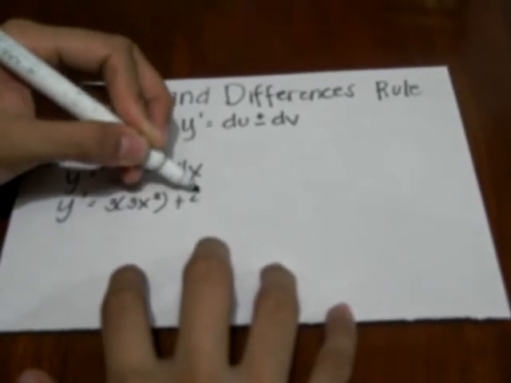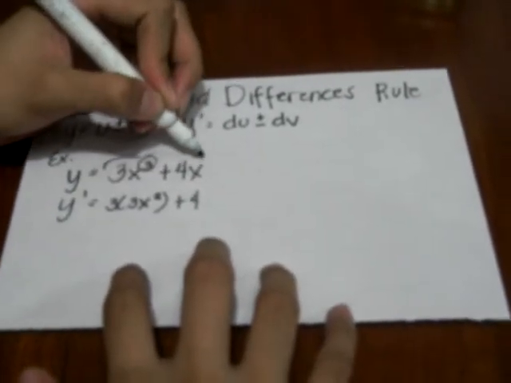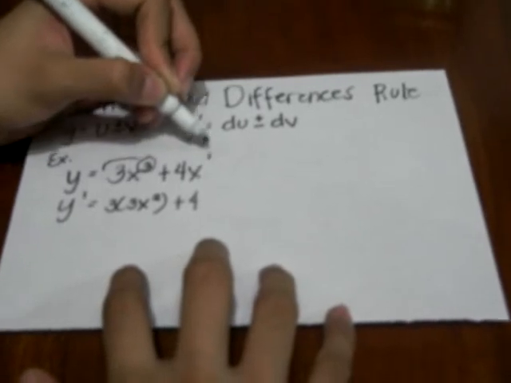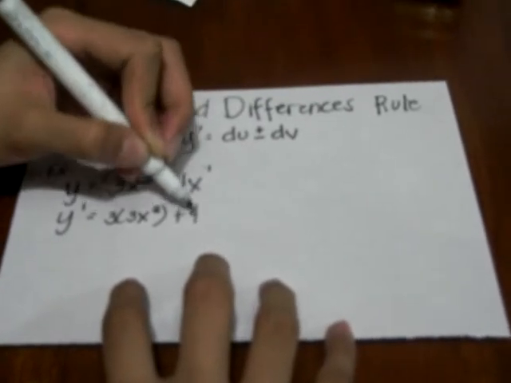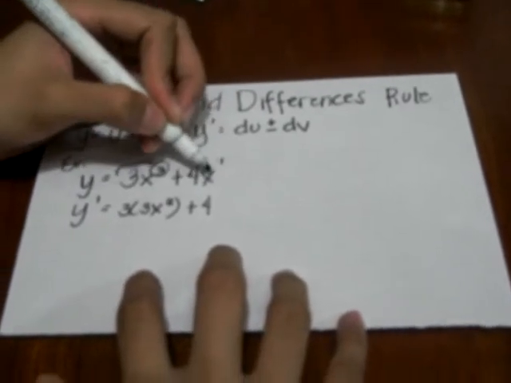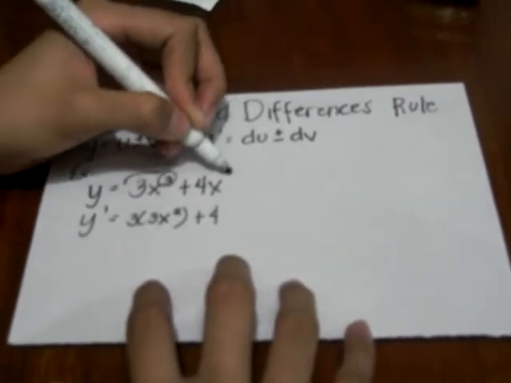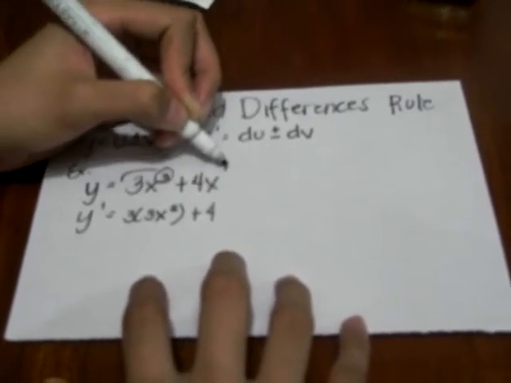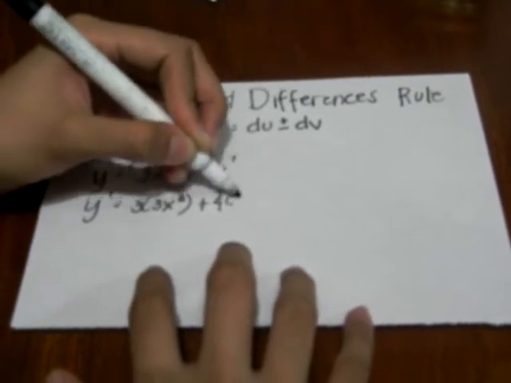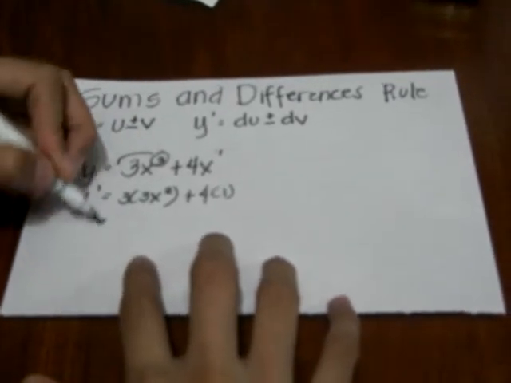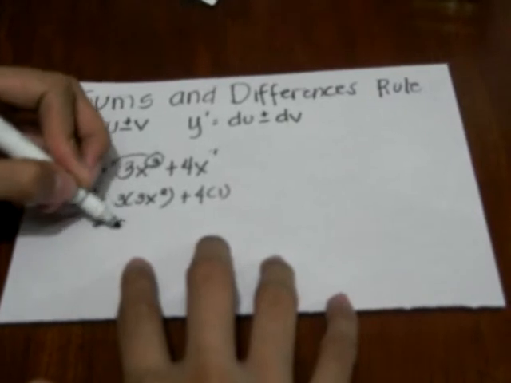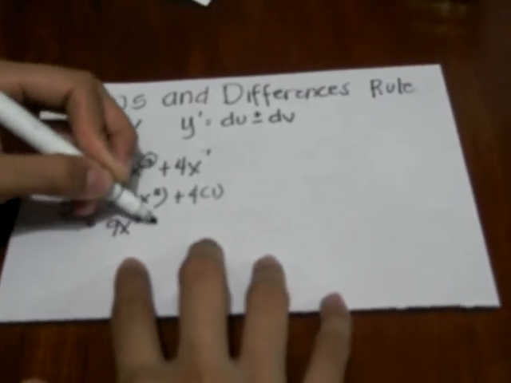Plus 4, since this is already raised to 1. So 1 times 4, 4. And 1 minus 1 is equal to 0. X raised to 0 is equal to 1. So in simplifying it, 9x squared plus 4.